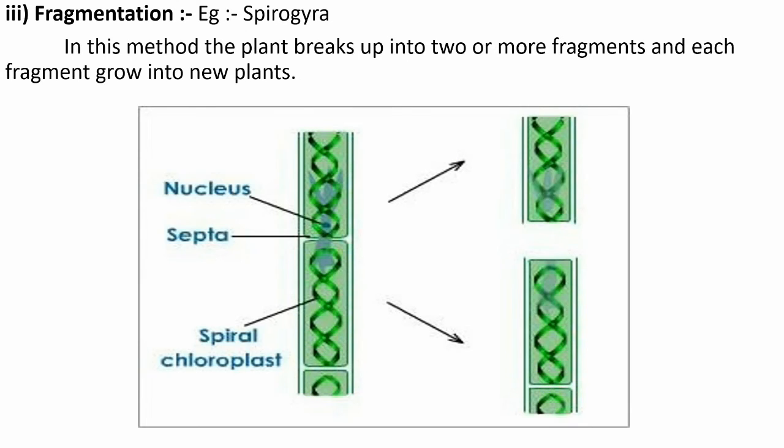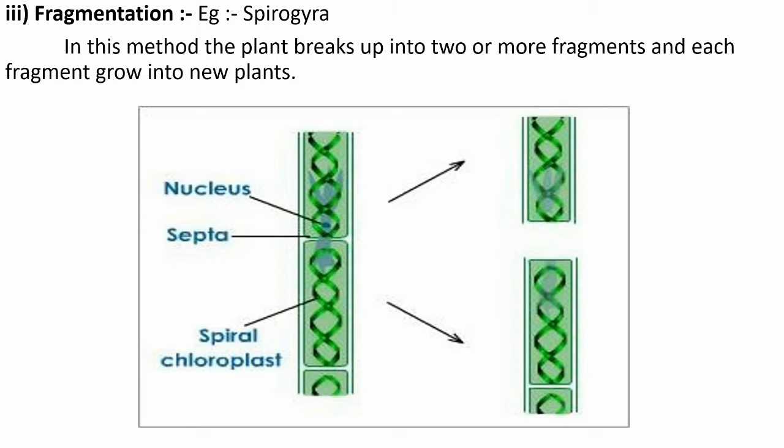The next one we are going to look at is fragmentation. Fragmentation is a process in which an organism grows and enlarges to an extent where it cannot physiologically hold itself, and then part of it breaks up. When part of this branch, or the fragment, breaks up, it can develop into a new plant.